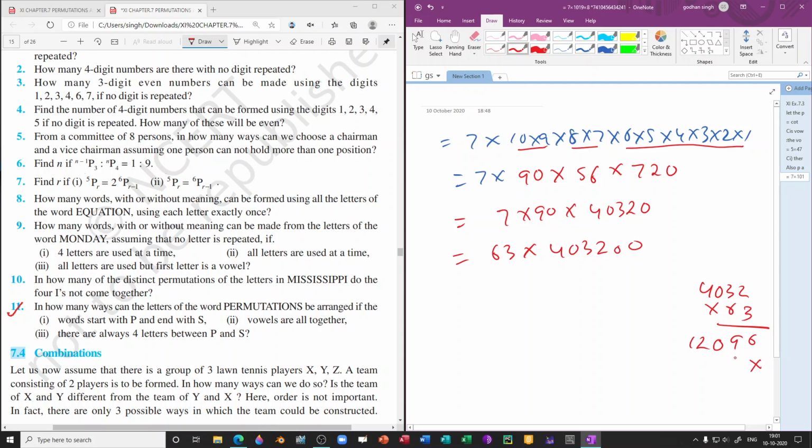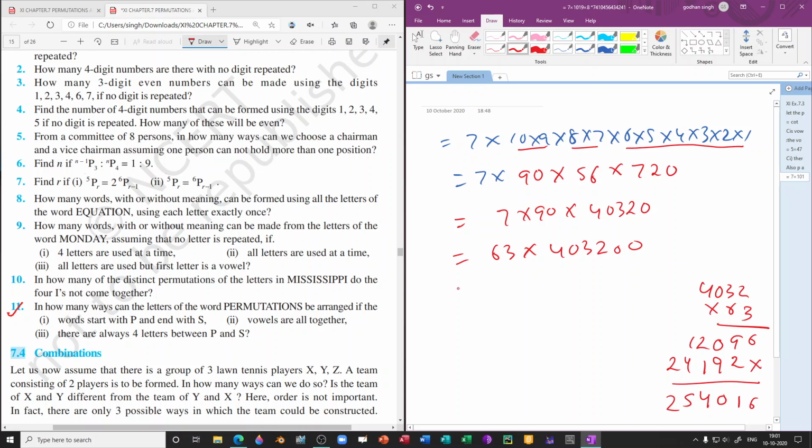Then 6 into 2 is 12, 1 carried over, 6 into 3 is 18, 19, 1 carried over. Then 6 into 0 is 0, so 1 will come here, and 6 into 4 is 24. So this will give us 6, 9 plus 2 is 11, 1 carried over, this will become 10, 1 carried over, so it will become 4, 3 plus 1 is 4, this is 5, and this is 2.